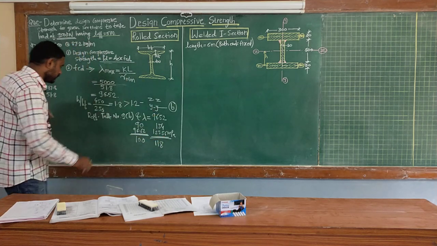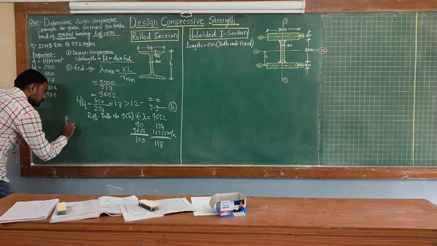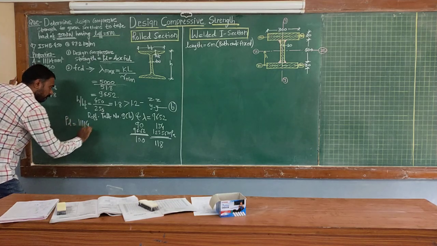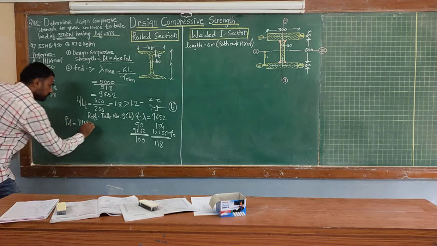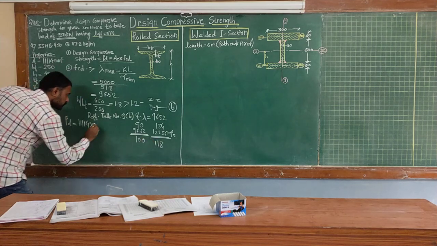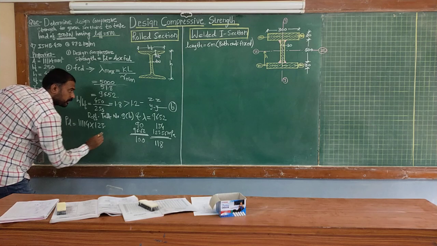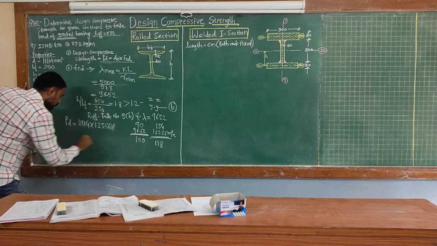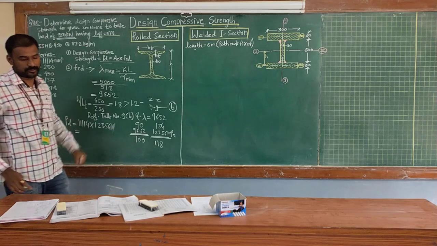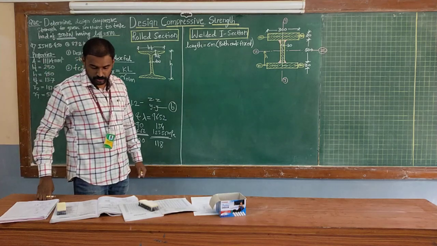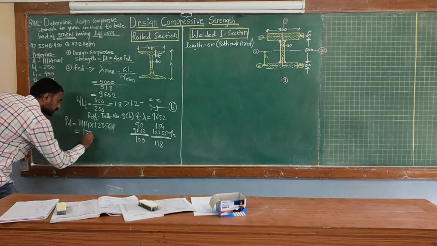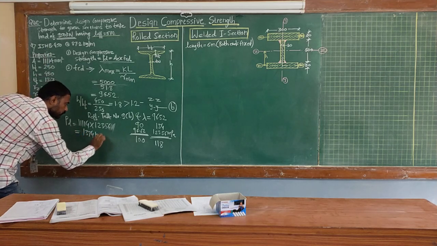Putting in the last formula, PD equals, so the given area is 11,4 multiplied by the calculated design compressive stress 123.56, divided by 1000, and that is near about equal to 1374 kilonewton.